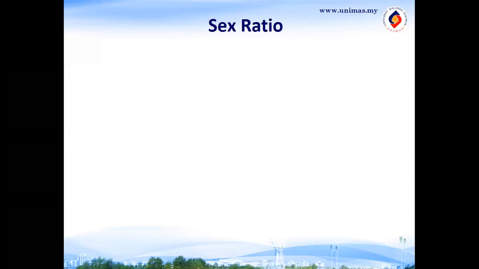Those are the people who are considered dependent. And the other group is the working group, who support the non-working group. That is known as the age dependency ratio, the ratio of non-working group to the working group.